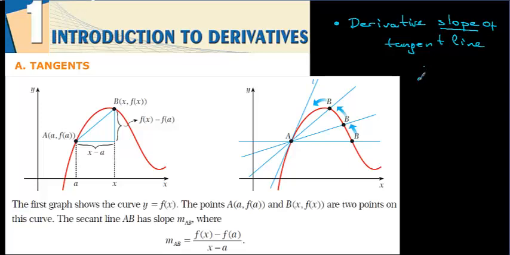If you remember the slope in analytic geometry, we were using the formula for the slope m, and m was representing the slope, and at the same time it was equal to tangent alpha. So m is equal to tangent alpha, and in trigonometry tangent alpha is opposite of alpha over adjacent of alpha.